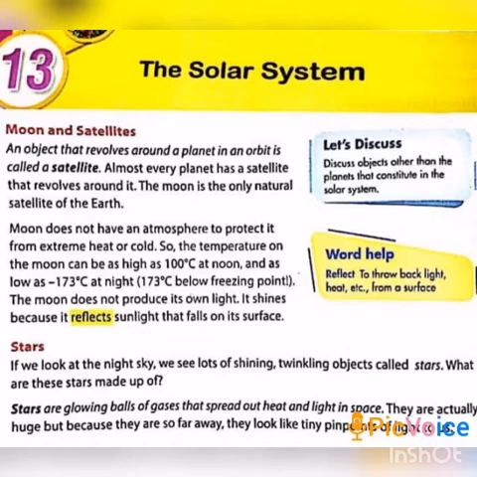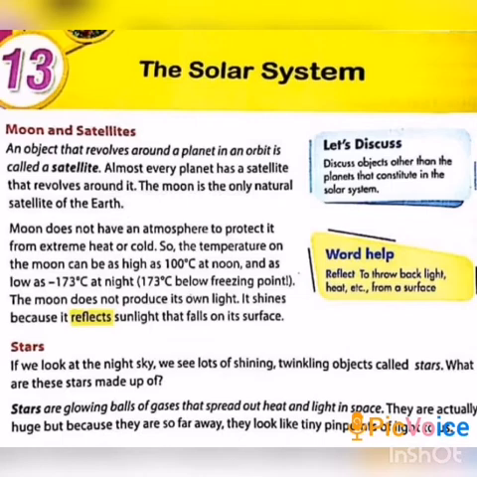First, what is a satellite? An object that revolves around a planet in an orbit is called a satellite. An object that revolves around the sun is called a planet.